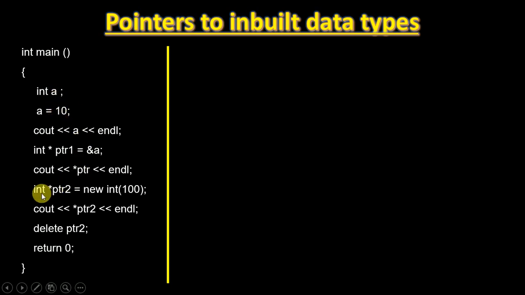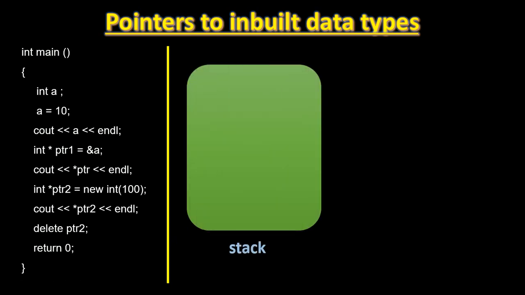Now in the same way, we are trying to create a variable in the heap segment. Just see the pictorial representation of how it will be. Let's take the stack memory. When I say int a, one memory location will be allocated for a in the stack segment. Now we are assigning the value 10 to a, so the value 10 will be assigned.